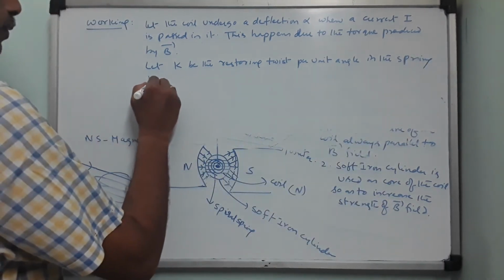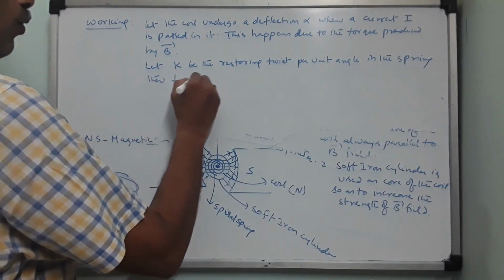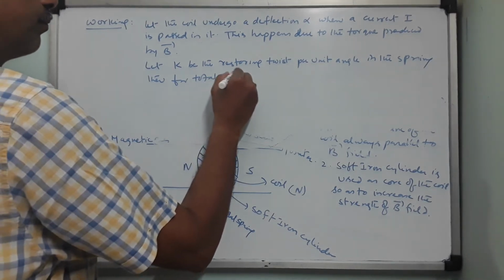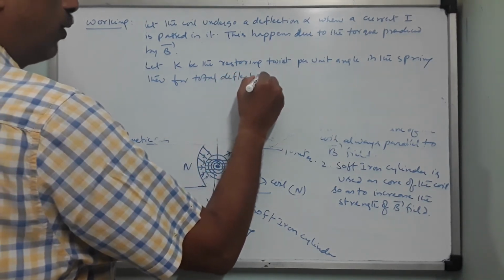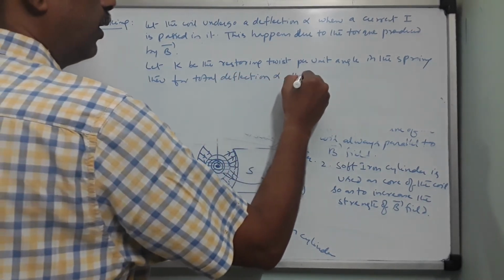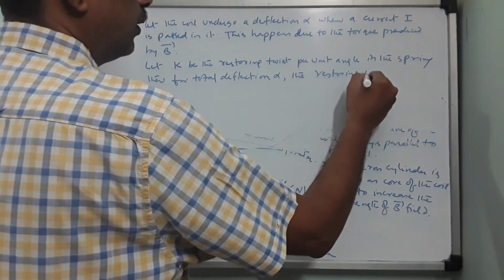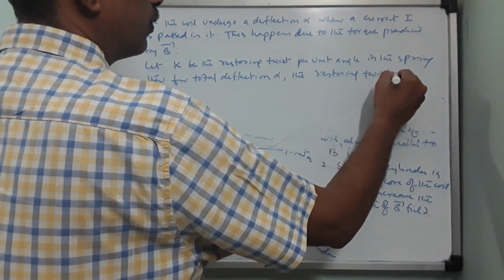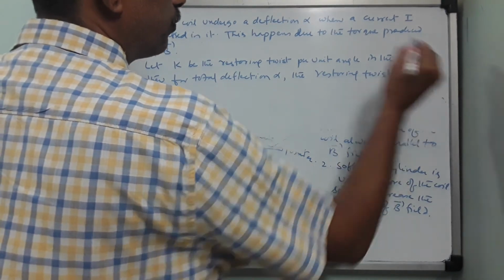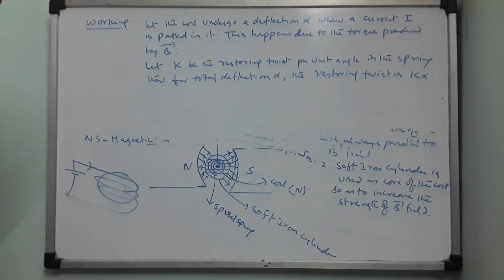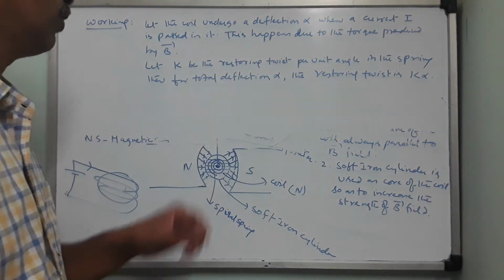Then for total deflection alpha, the restoring twist is K alpha. For every 1 degree, for example, we say the restoring twist developed in this one.